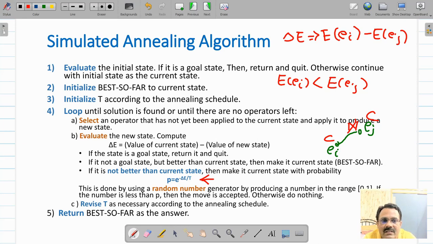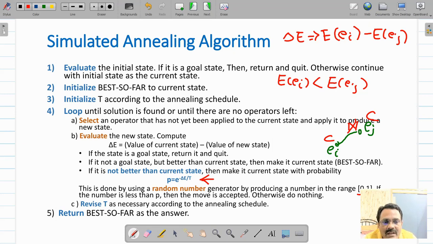And this is done by using a random number generator. So directly you are not using this probability, you are incorporating randomization again into this. You are generating a random number in the range 0 to 1, and if the number is less than this probability, then the move is accepted, otherwise not accepted.